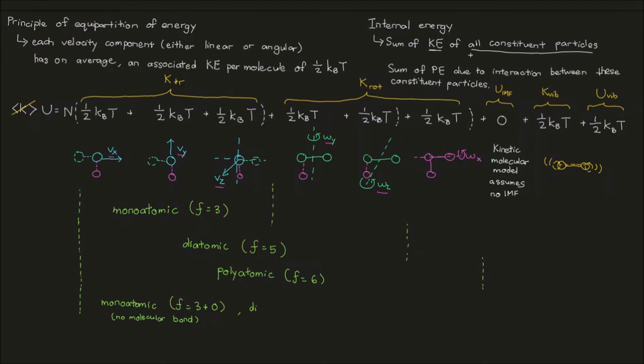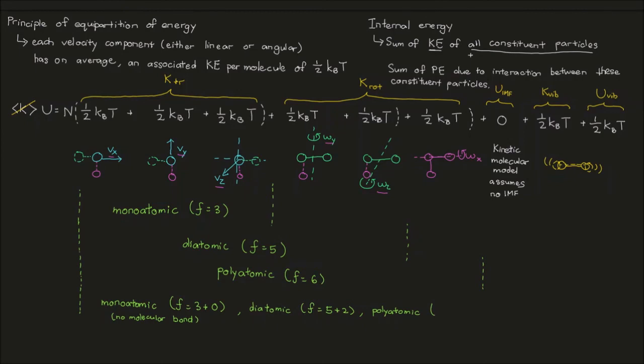But for diatomic gas molecules, you have F equals 5 plus another additional 2. The additional 2 is due to the kinetic energy of vibration and the potential energy of vibration. And next, polyatomic. Again, it's more than one atom forming the gas molecule.